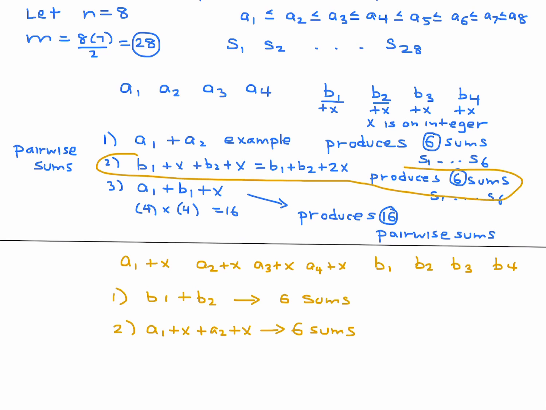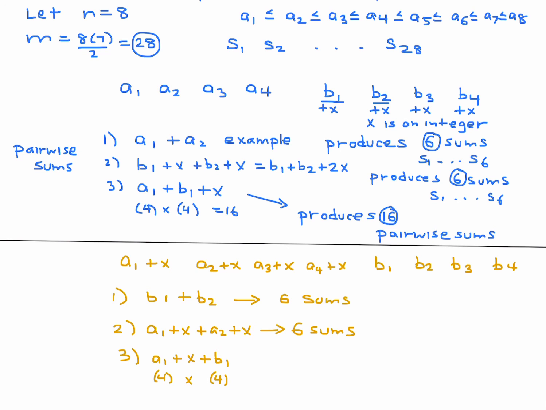Very similar to this right here. And then the third scenario is when we add one of these to one of these guys, and that is, for example, A1 plus x plus B1. And there's 4 choices here, 4 choices there. 4 times 4 is going to give me 16 sums.